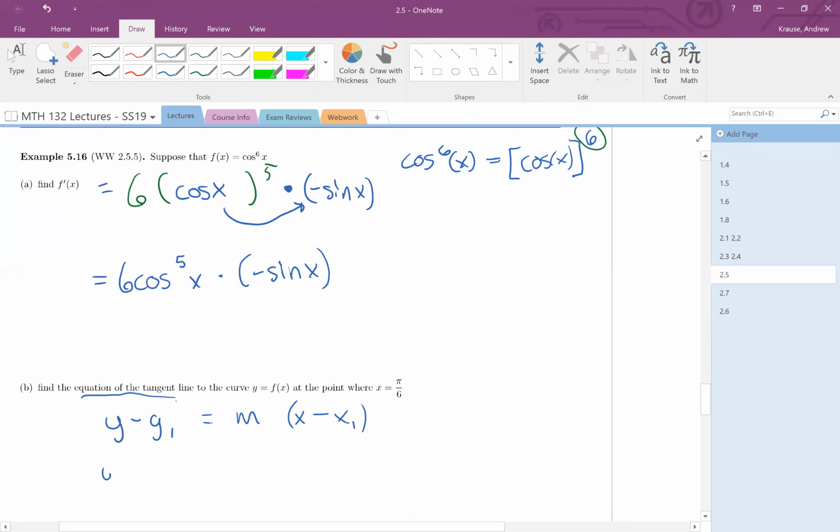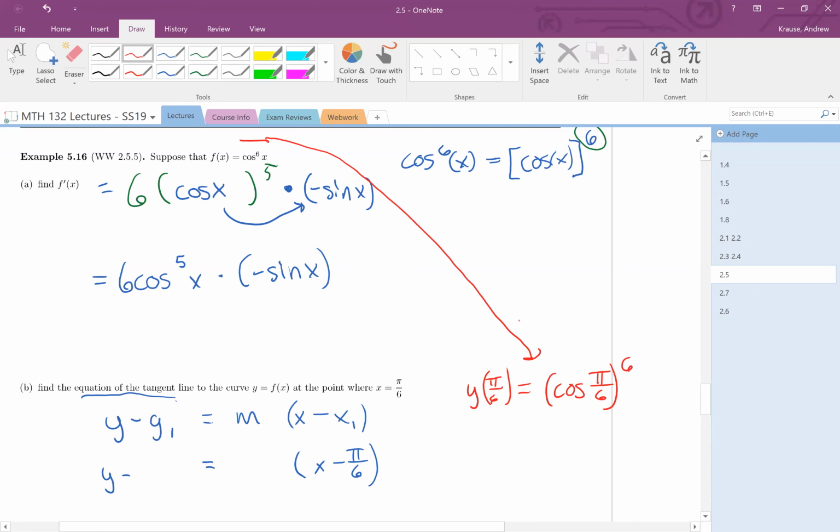And I know that my x1 is pi over 6. How do I find my y? I'm just going to plug in pi over 6 into my original function. So we're going to do the cosine of pi over 6 raised to the 6th power, again looking at our original function there to get our y value.